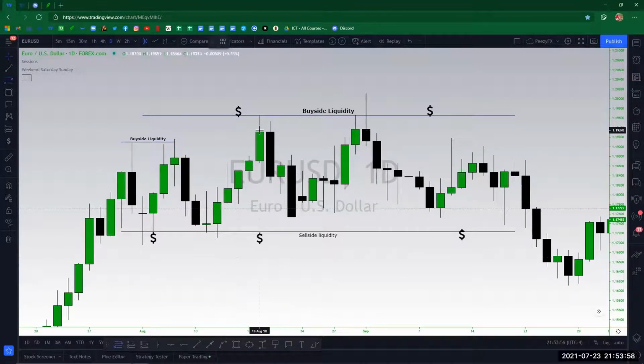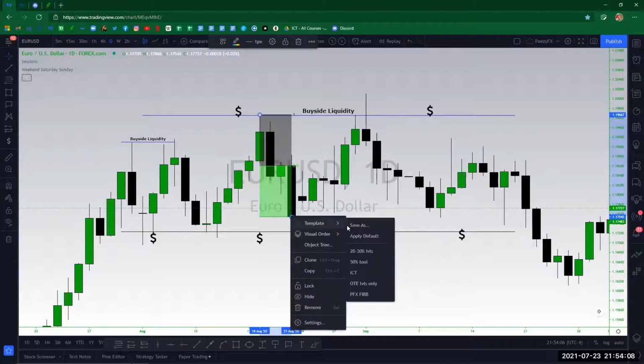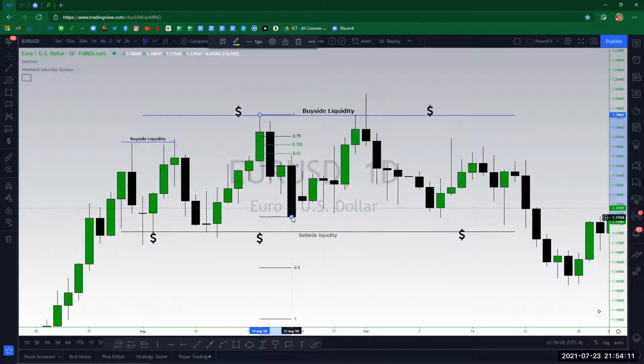Now you can take your fibs and go from this high to this low. High, low. Oh, I'm sorry, it's here. High, low, pull back into the order block. 50% is the equilibrium between this dealing range.